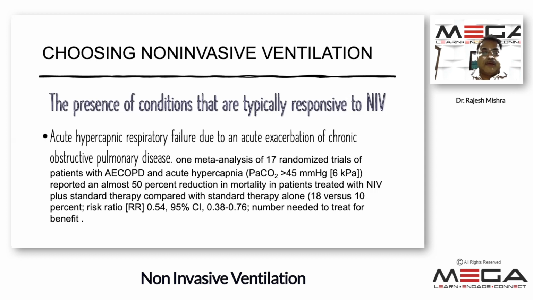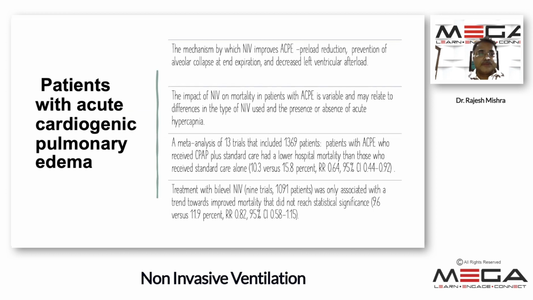So if there is a worsening of pH, worsening of CO2, worsening of hypoxia, this COPD patient can be intubated, put on ventilator, and after 72 hours, if things get better, ABG gets stabilized, primary physiology gets better, you can extubate and again put them on NIV. The NIV helps in preventing them from going on ventilation. If they are intubated, it helps in extubation and early weaning also.